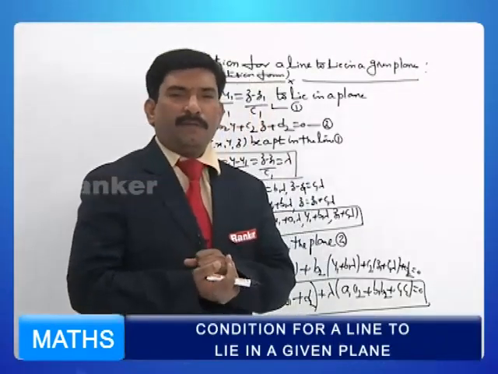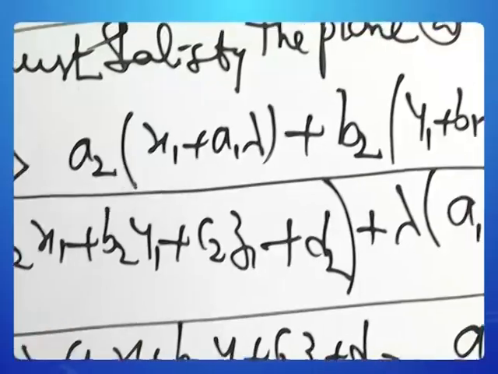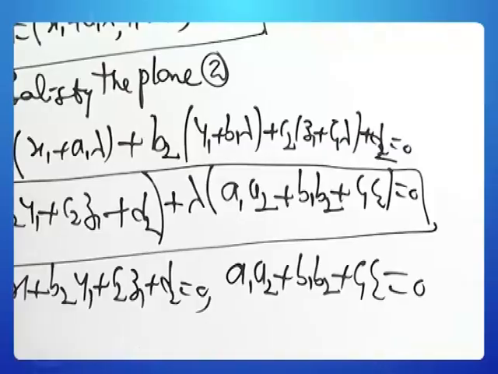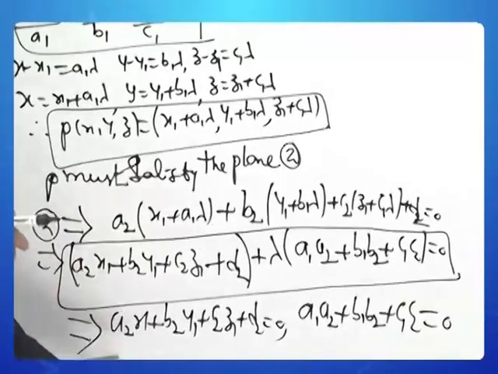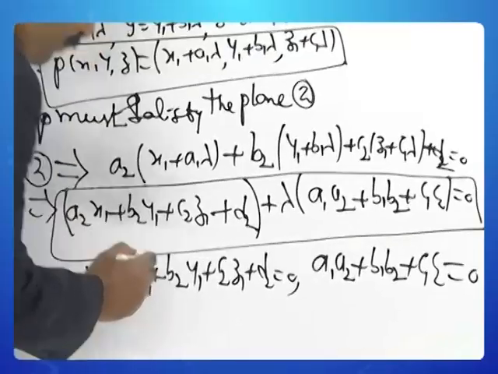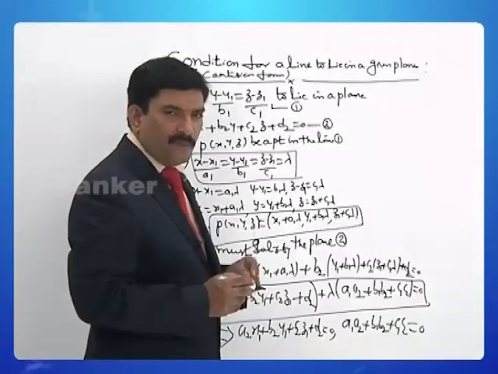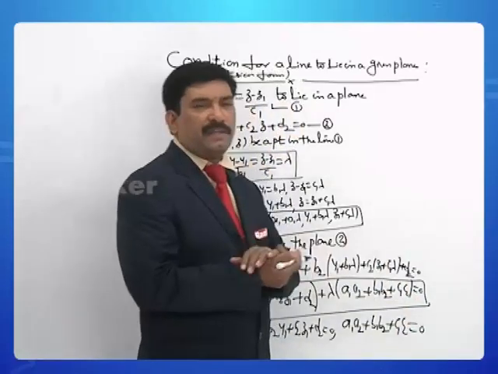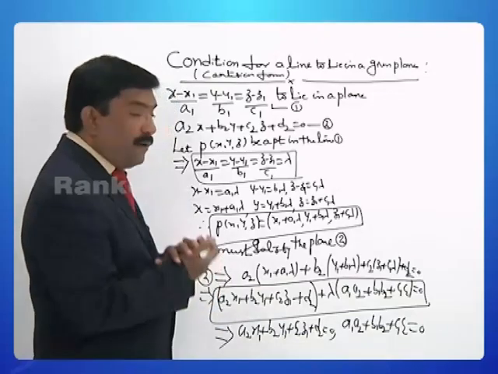Yes, now we have established two conditions for a line to lie in a plane. The first condition is a2x1 plus b2y1 plus c2z1 plus d2 is equal to 0, and the second is a1a2 plus b1b2 plus c1c2 is equal to 0. Now how did we get this?